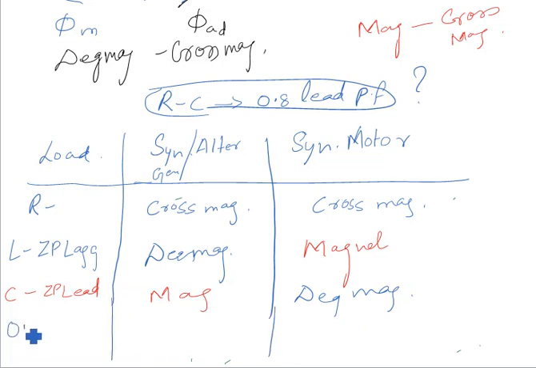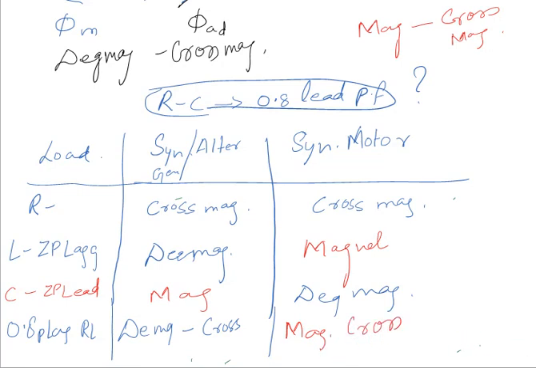Okay, and 0.8 power factor lagging load, that is RL load. For this you have demagnetizing and cross magnetizing, while synchronous motor has magnetizing and cross magnetizing.